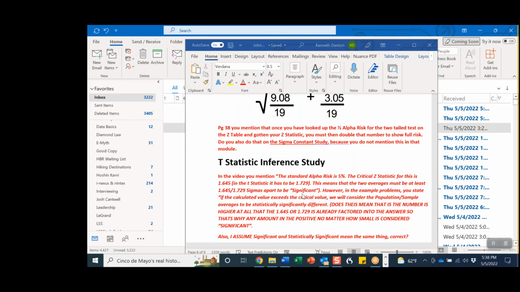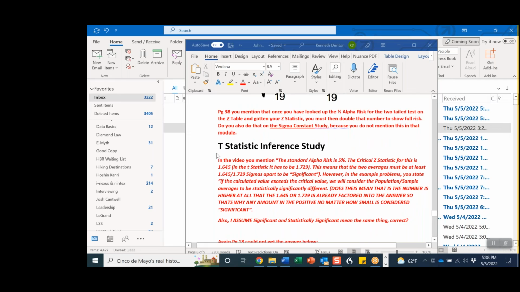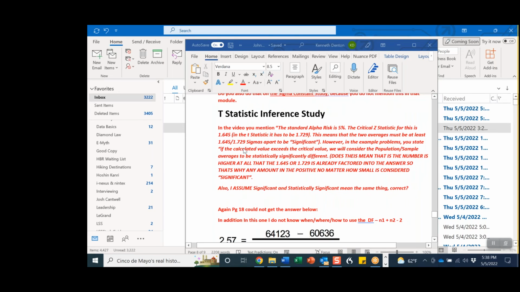That's probably because the other one was a one-tailed test and this one's a two-tailed test. Okay, but regardless of whether it's constant or it has changed, you still do that doubling. Yeah, it doesn't matter. The only thing that matters is whether it's a one-tailed test or a two-tailed test. Right. Okay. I just want to make sure, and I assume that, but I just want to make sure. Yeah. Okay. All right.